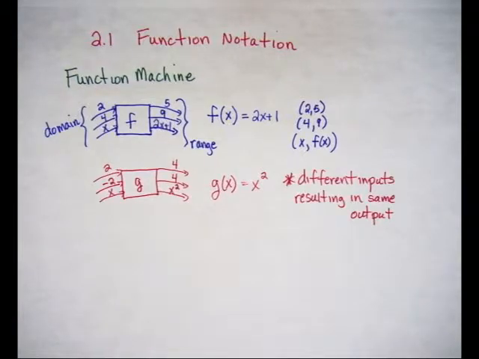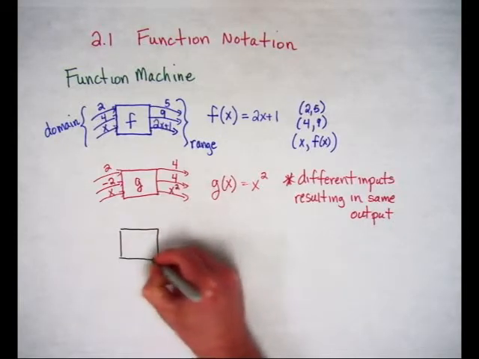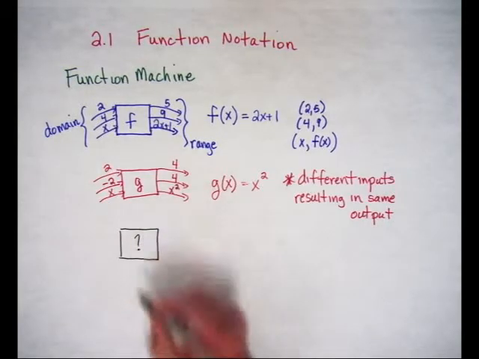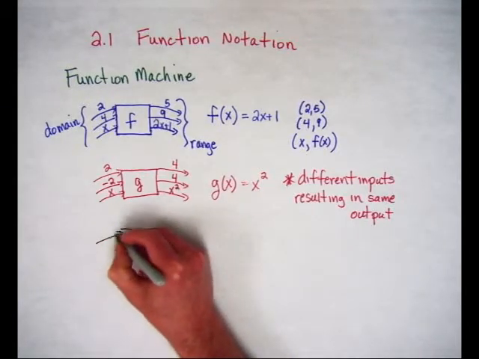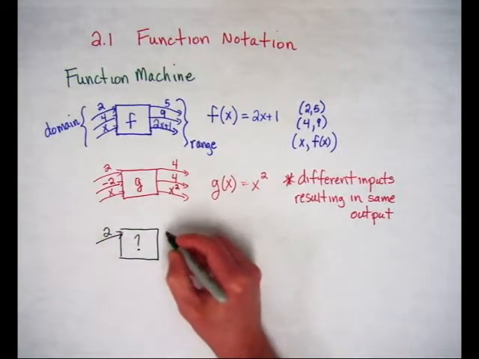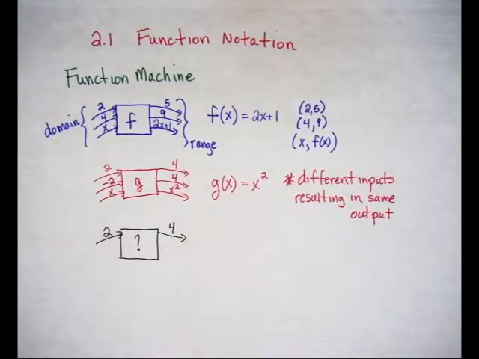And the reason why I drew this to your attention is, can you imagine this situation? Can you imagine a machine, and inside of it is some kind of rule that we don't know what it is, and you throw the number 2 into the machine, and the machine kicks out the number 4? That's more than possible.